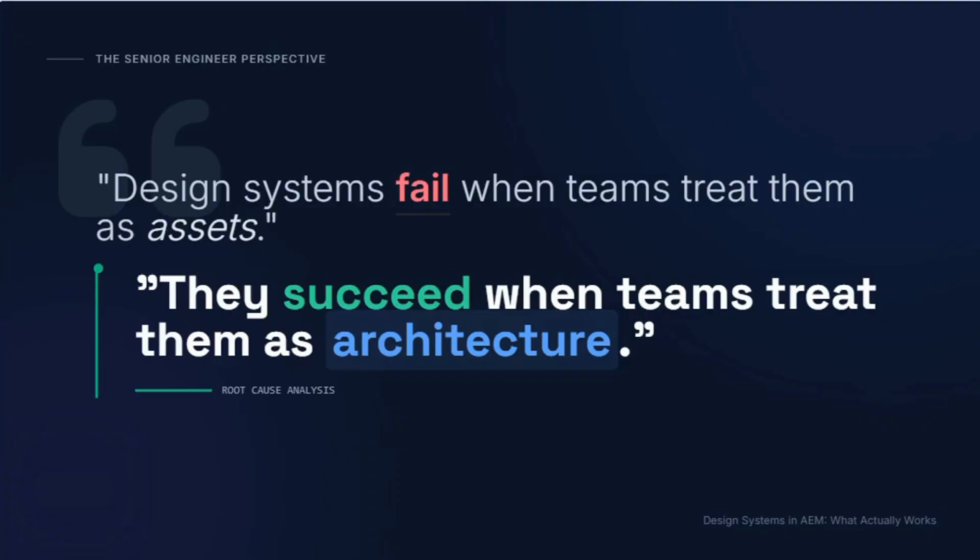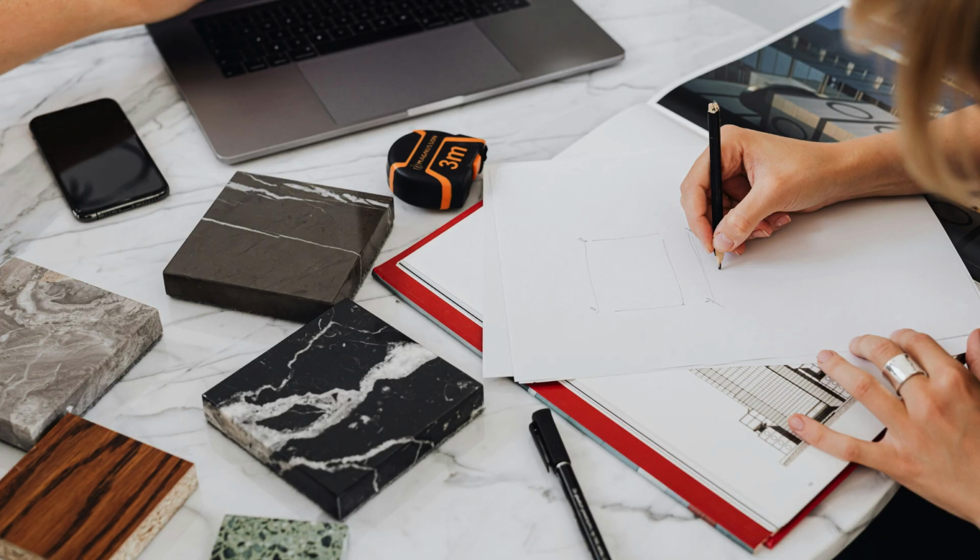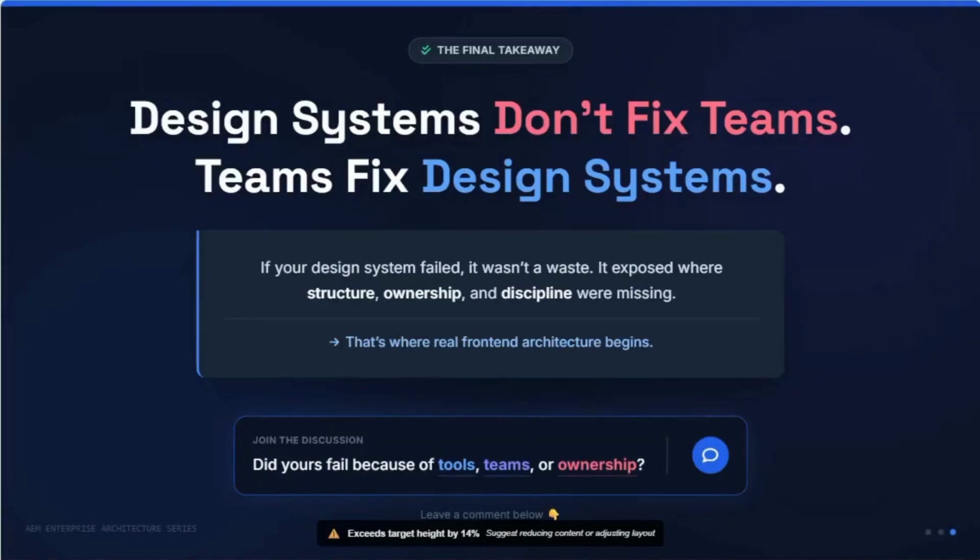That mindset shift is what separates design systems that collapse from systems that actually scale. If your design system failed, it wasn't a waste. It exposed something important, where structure, ownership, and discipline were missing. That's where real front-end architecture begins.